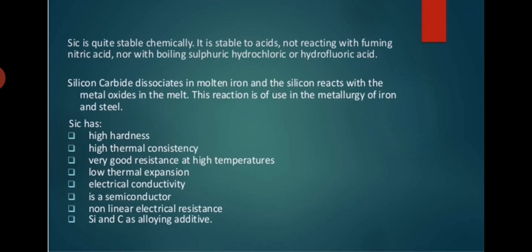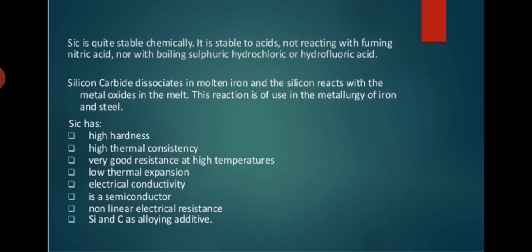So it is stable to acids, not reacting with fuming nitric acid, nor with boiling sulfuric, hydrochloric or hydrofluoric acid. And this silicon carbide dissociates in molten iron, and the silicon reacts with the metal oxides in the melt. So this reaction is of use in the metallurgy of iron and steel.